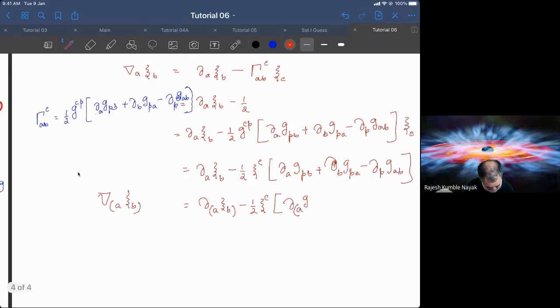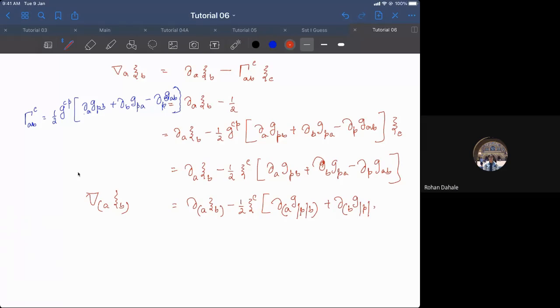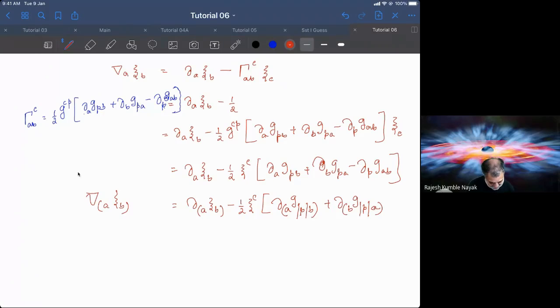It doesn't matter in this case, but you might as well know the notation. I put a vertical bar and then P vertical bar B. Okay, I will not explain what it is. We are going to exchange the indices A and B and then add them together. But P is not taking part in that. So that's why P has been put inside the bar or fixed.